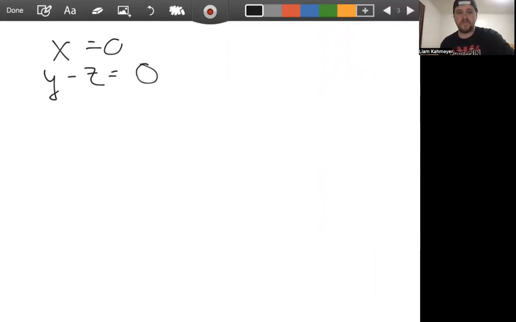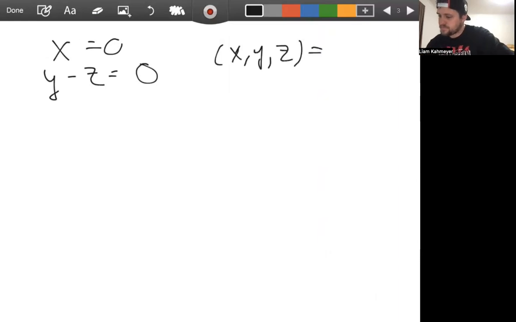And so we're going to have an infinite number of solutions here. This gives us the solutions x, y, z equals 0. And then let's say, well, we have y equals z here, which means we have a free variable, right? Let's say z is the free variable.